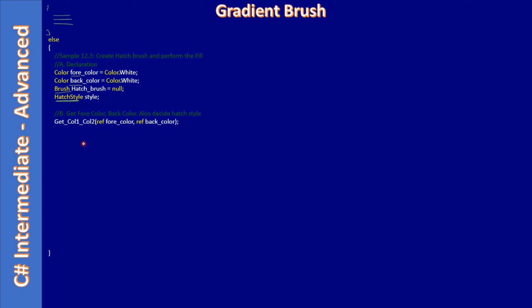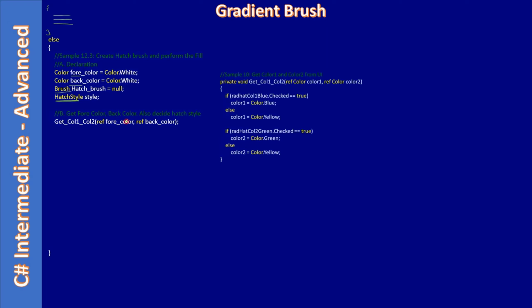Next, once again we are using our utility function to retrieve 2 colors from the UI, and you can see this we already used for the gradient brush. We will be using the same stuff for our hatch brush also.